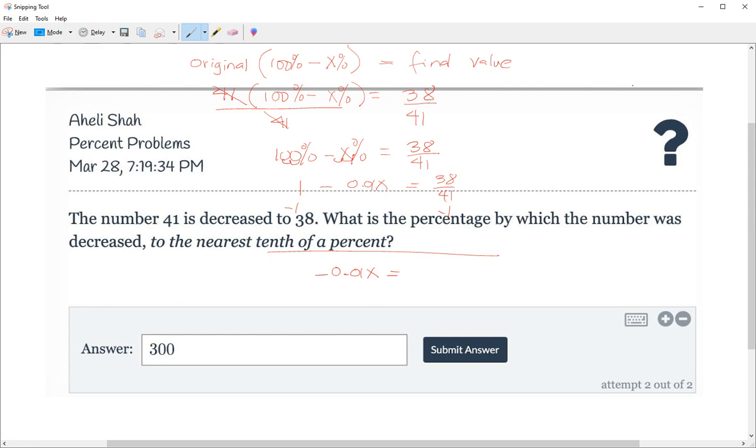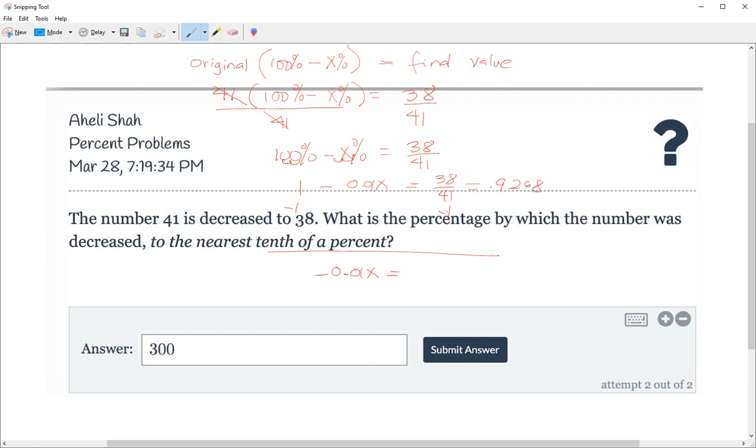So let me just divide that. 38 divided by 41 is 0.9268. So this one right here is 0.9268.